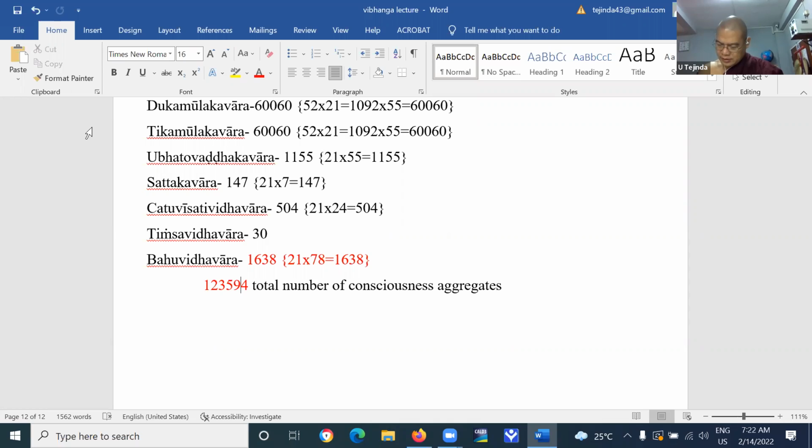Bhuvida Vara. So what do you think about this one? Is something wrong, or is it a typing error? Do you think this is a typing error? Because the Atthakatha said it's the same.